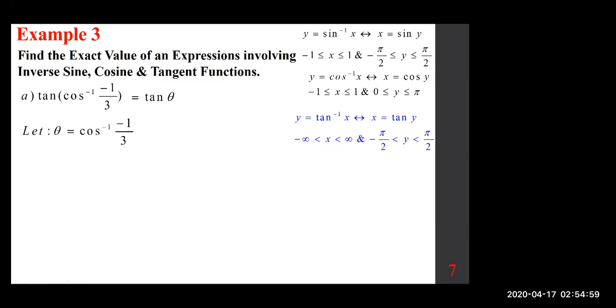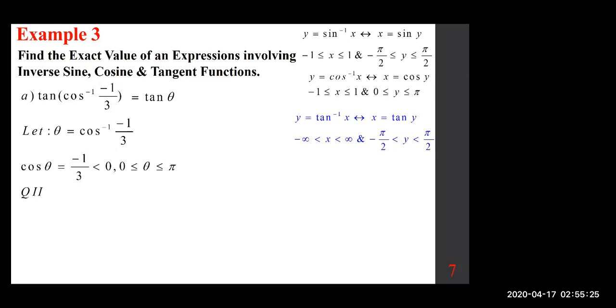All right. So cosine theta is -1/3. Remember the relationship as far as cosine is concerned. To make it one-to-one, we choose 0 to pi. So cosine is negative from 0 to pi in the second quadrant.